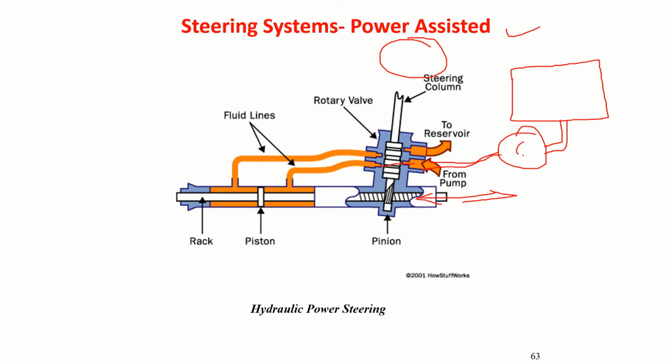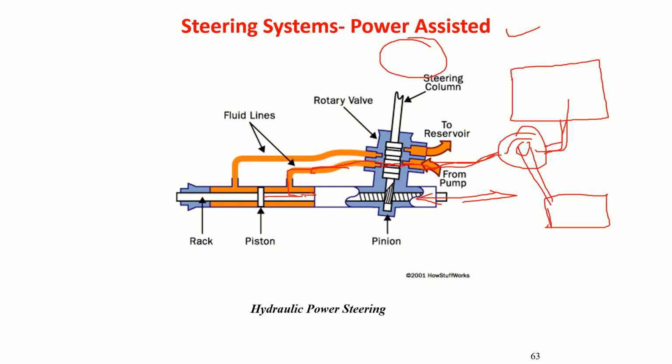Now when I steer it, if I can make a connection between these two, then this pump is also driven by, let us say, the engine. Here you have the engine. It will take this fluid and pressurize it. The pressurized fluid, I'll pass it on like this. Now this pressurized fluid exerts pressure on the piston.